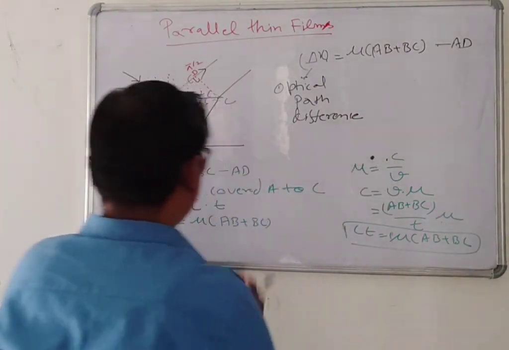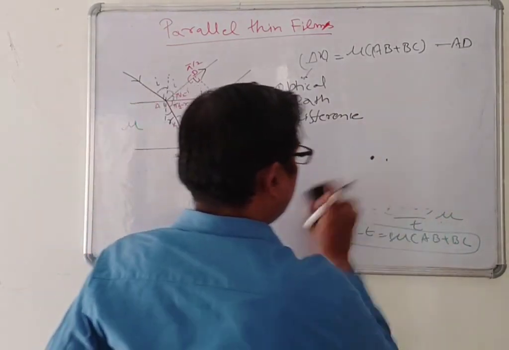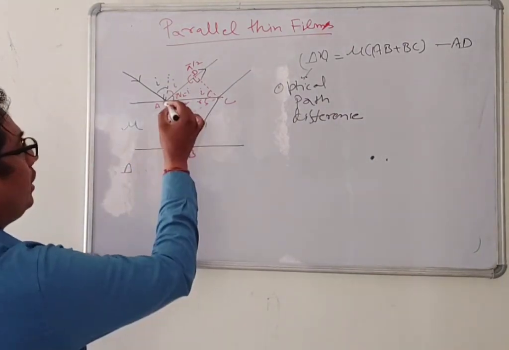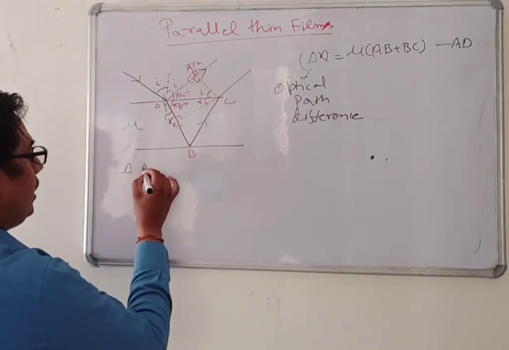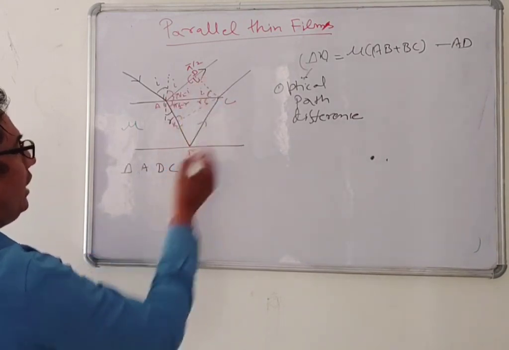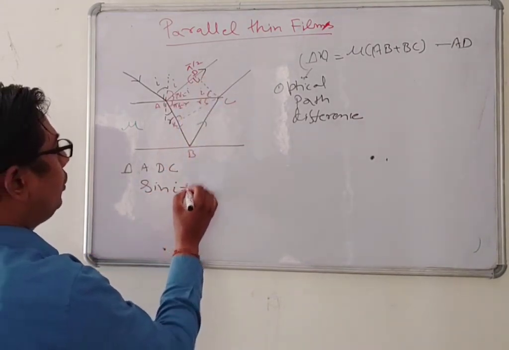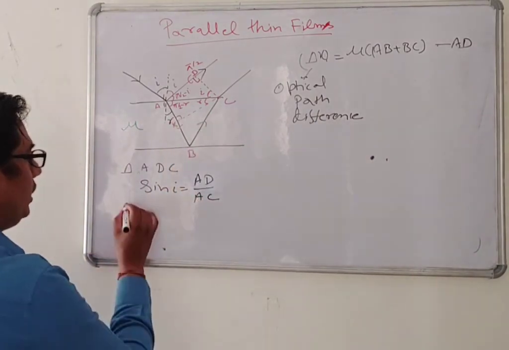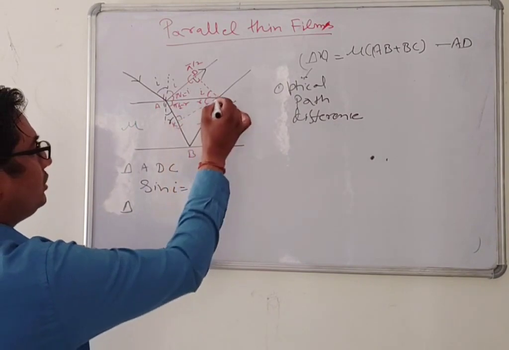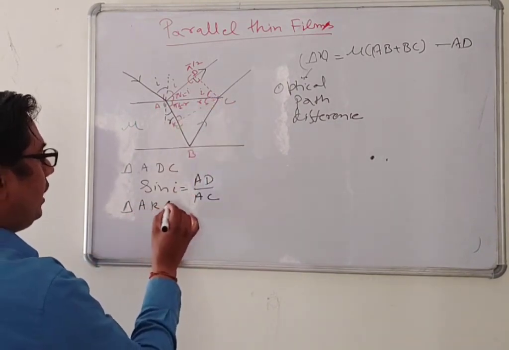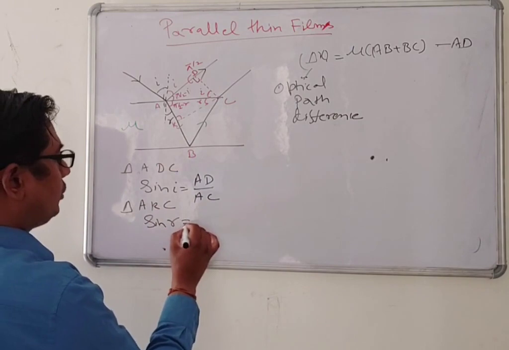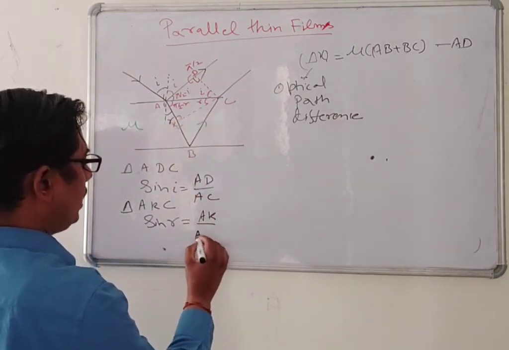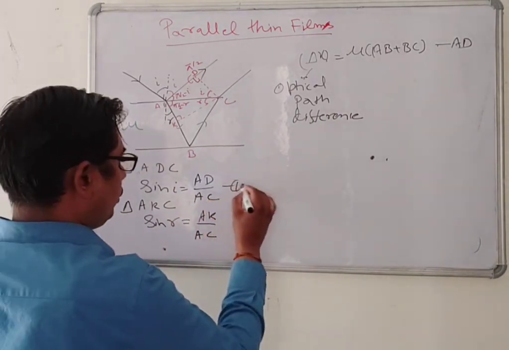Okay. Now, what is the value of the optical path difference? We will use triangle ADC. In triangle ADC, sin I is equal to AD upon AC. In triangle AKC, sin R is equal to AK upon AC. These are equation 1 and equation 2.